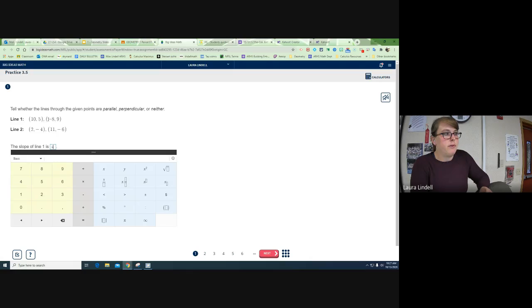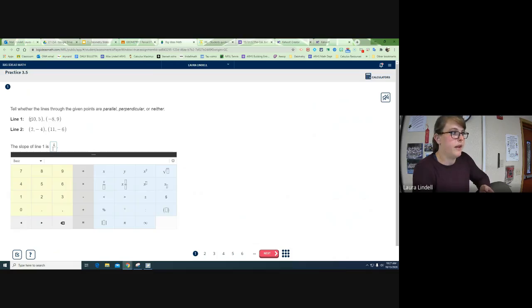The bottom number would be -8 minus 10, which is -18. But this reduces, so we want to make sure that we reduce the fraction. These are both divisible by 2. So 4 divided by 2 is 2. 18 divided by 2 is 9.